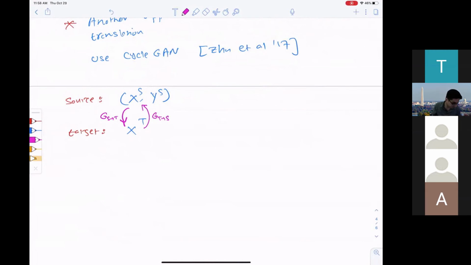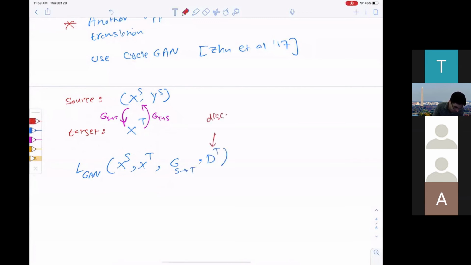actual source samples. All right, so the first loss, that's called GAN loss, takes as input the actual source samples, the target samples, which are unlabeled, the function mapping source to target, and a discriminator. So this D is a discriminator in the target space.